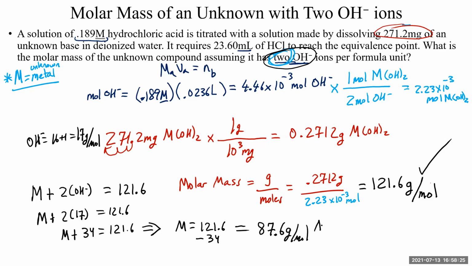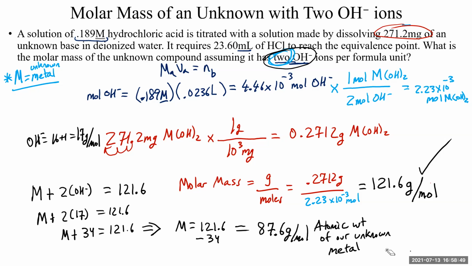This is the atomic weight, or atomic mass, of our unknown metal, not our unknown compound. We already know what 2/3 of our compound weighs. We know the 2 hydroxides weigh 34 grams per mole. We need to know the metal so we can put all of this together.